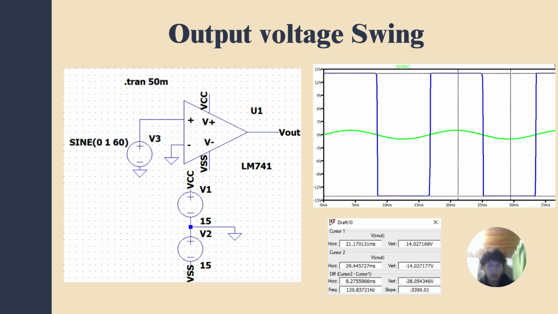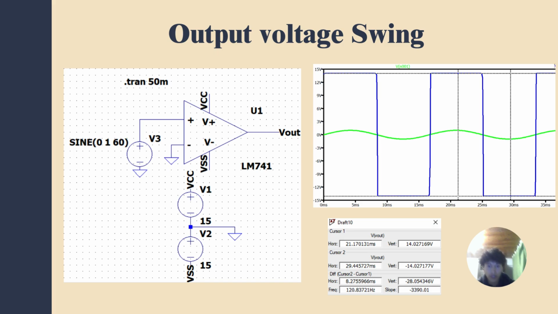Now with LTSpice, we measured the output voltage swing of the LM741. As we can see, it's a comparator. At its inverting terminal, we have ground. At its non-inverting terminal, we have a signal of 1 volt amplitude and 60 hertz. The supplies are plus minus 15 volts.